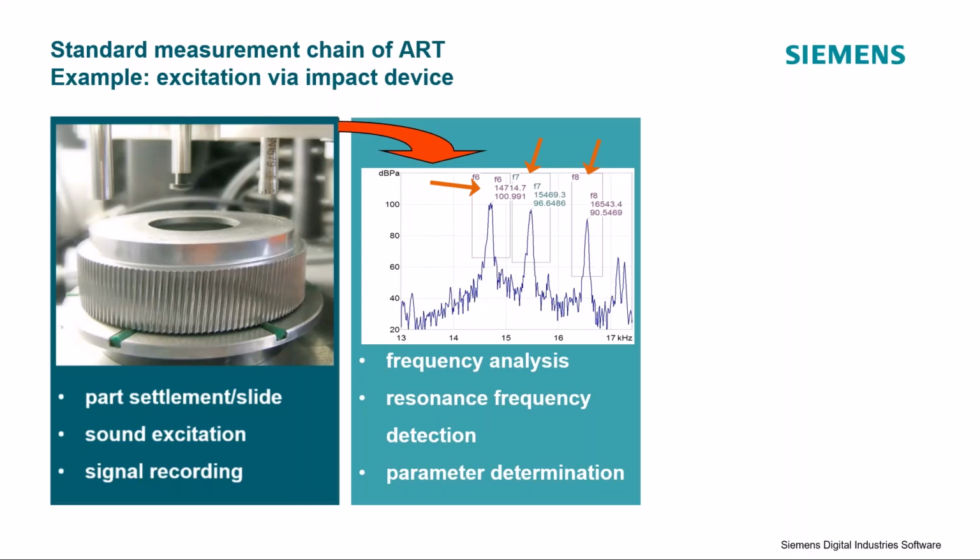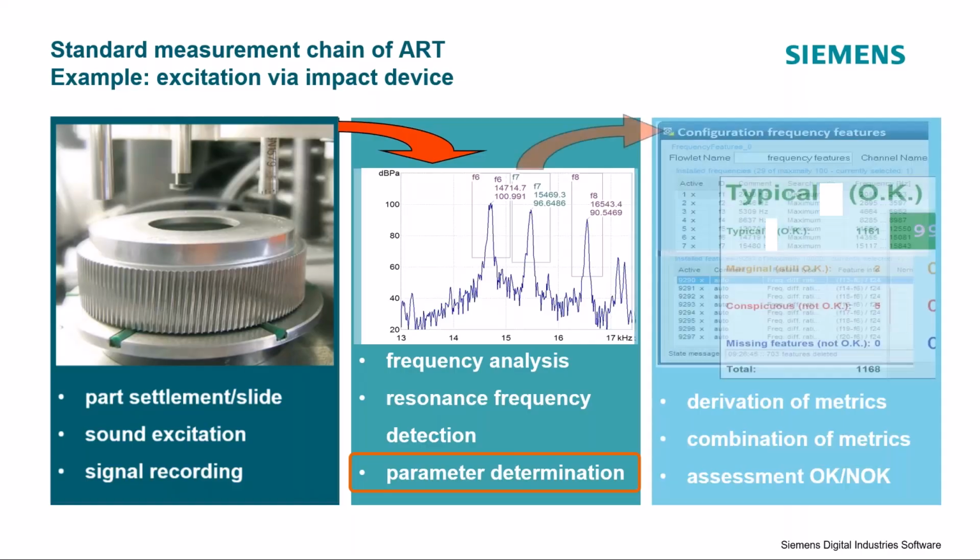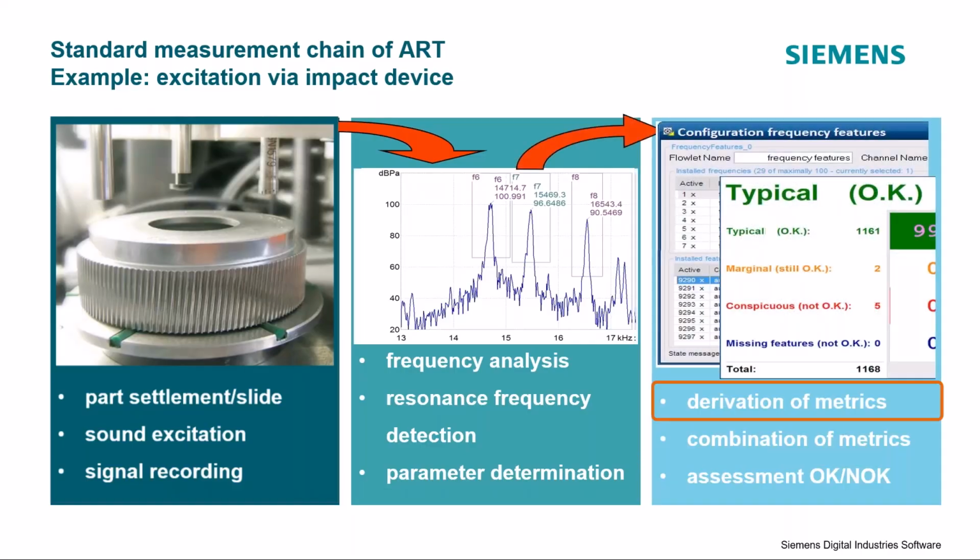So we use these only to get numbers from the spectrum. And the parameters I already mentioned are the maximum position of the frequency, its level, meaning the amplitude, and the damping, if it's worth doing this. From these numbers, we derive some metrics, and we even combine these metrics. Why are they combined? Well, the resonance frequencies of a part are not completely independent of each other.